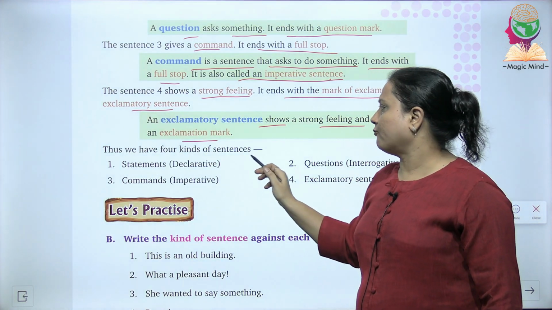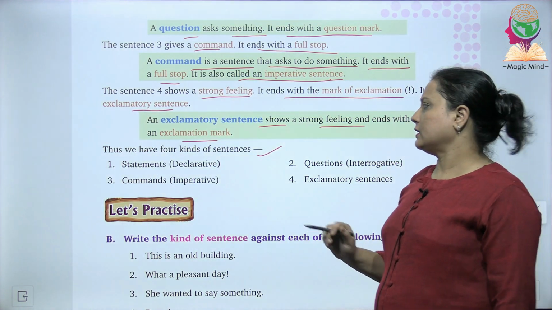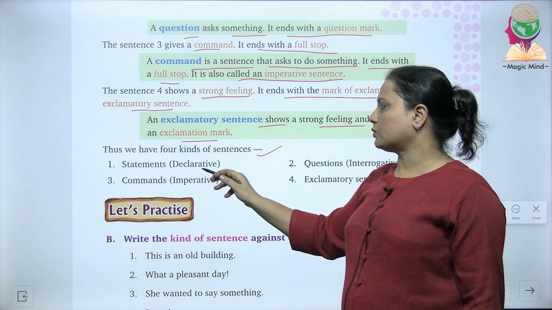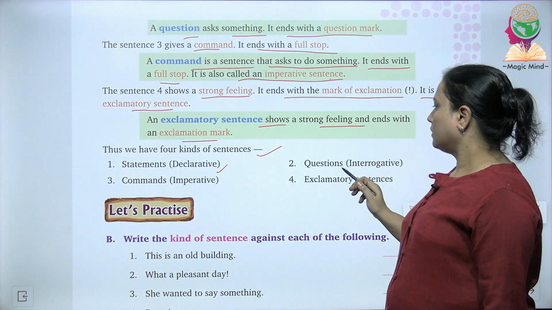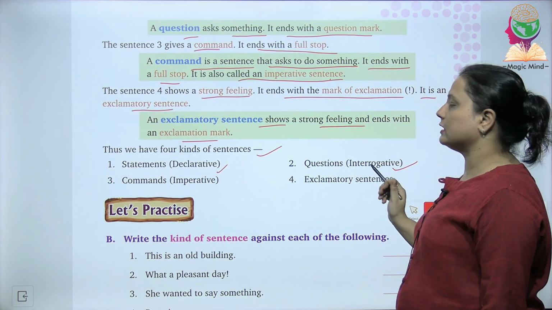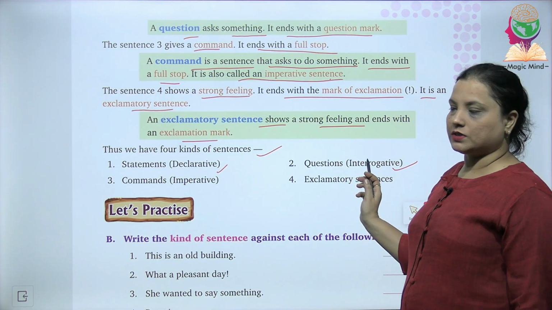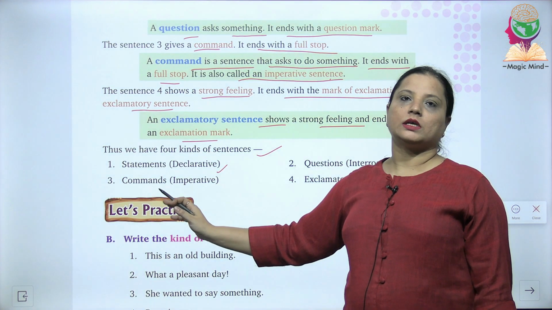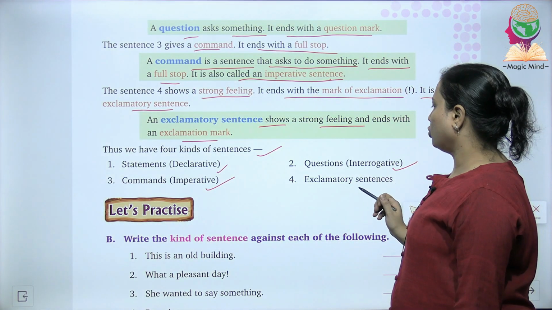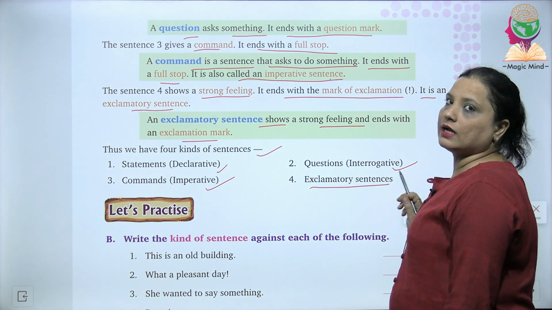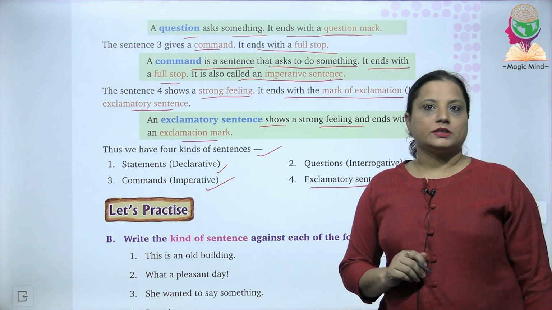Thus, we have 4 kinds of sentences. The first one is the statement, which is declaring something. We can also call it a declarative sentence. The second one is a question form, hence we call it an interrogative sentence. The third one gives the command, hence it is known as an imperative sentence. And the fourth one, the last one, is called an exclamatory sentence.